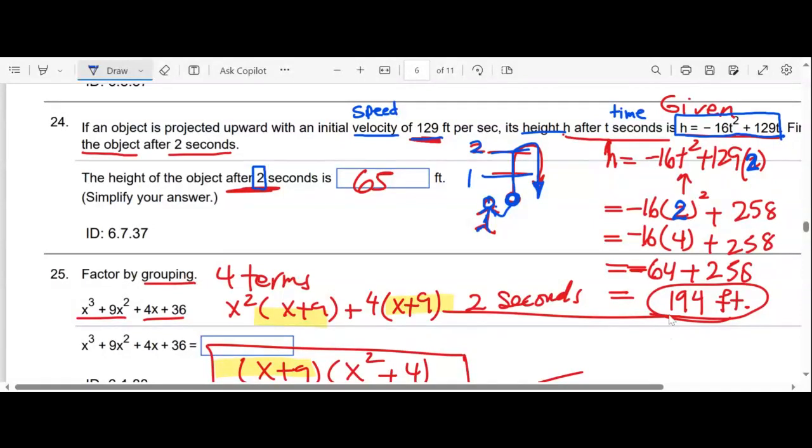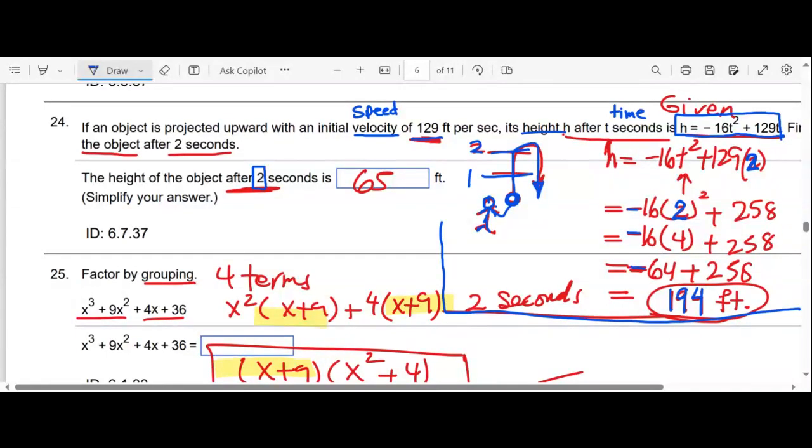And then you solve. And how much are you going to get at the end? 194 feet. That is the position where the object will be after 2 seconds. Is this clear? Yes. Any question?